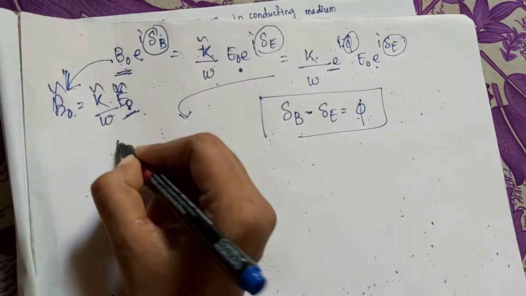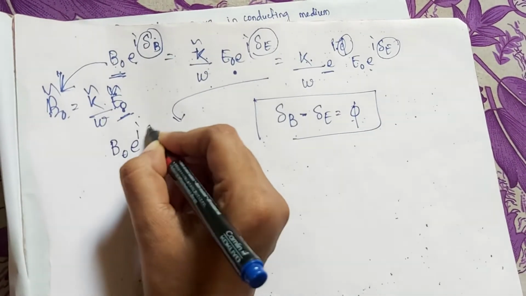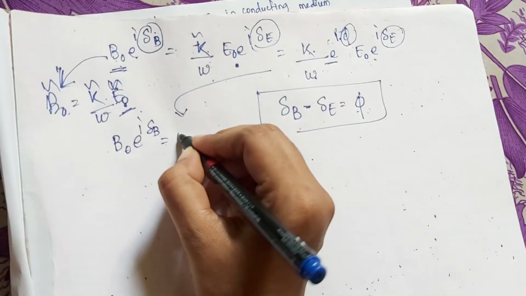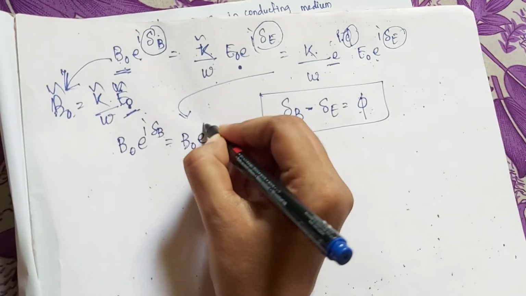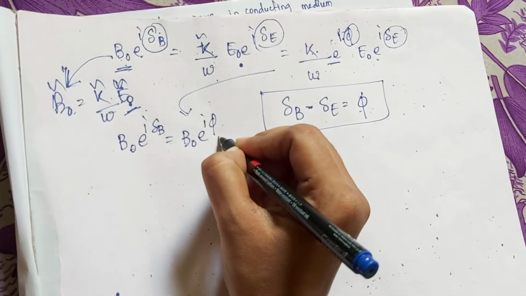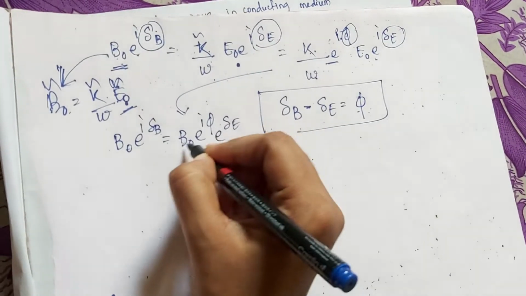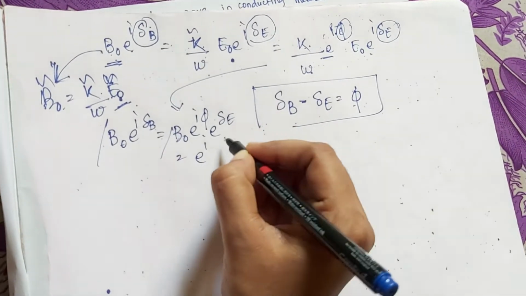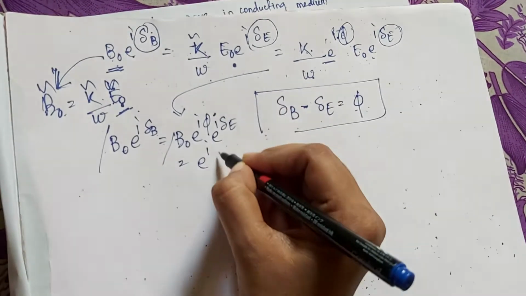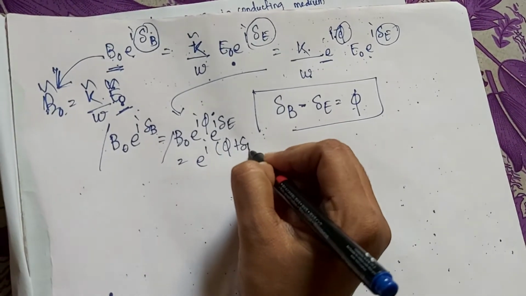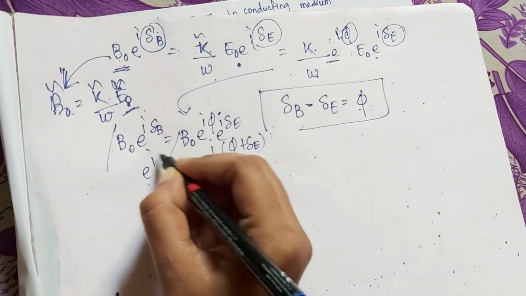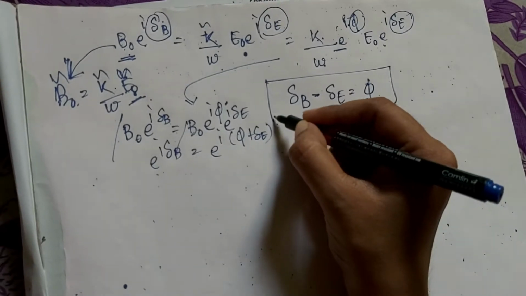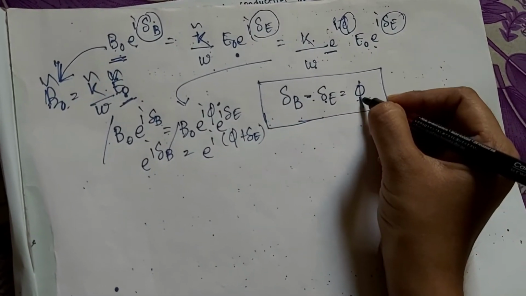So B naught e to the power i delta B is equal to k by omega into E naught, which also becomes B naught e to the power i phi e to the power i delta E. So this gets cancelled, and I can write i phi plus delta E, and this side I have i delta B. Okay, so from here I can write this equation, delta B minus delta E is equal to phi.